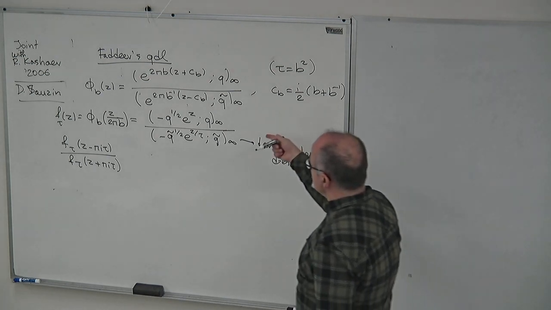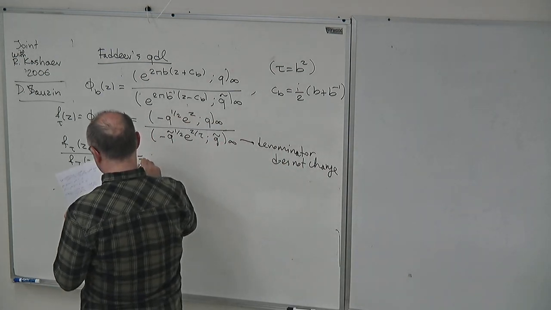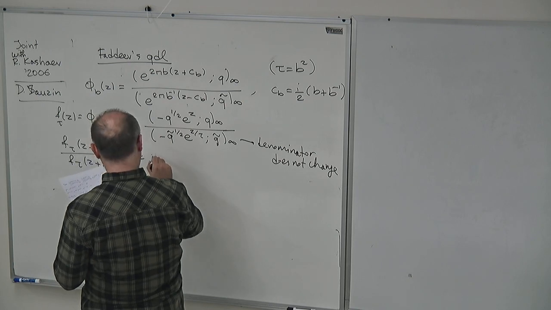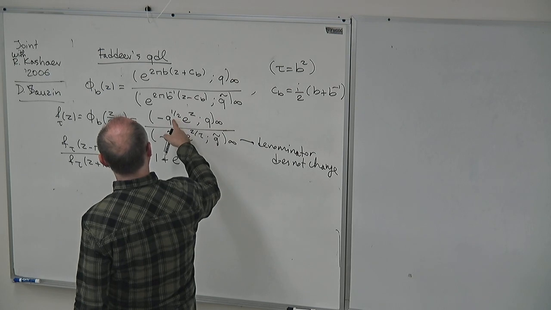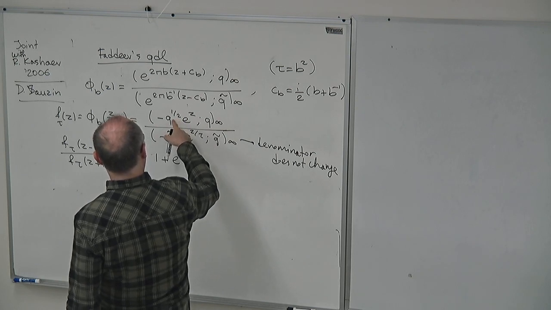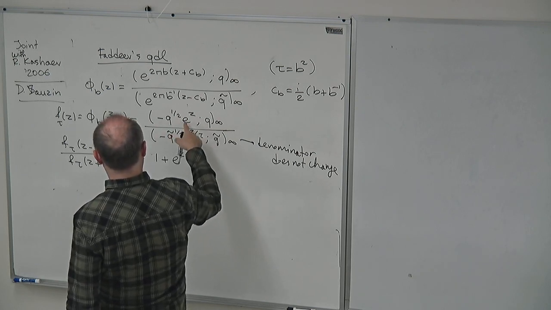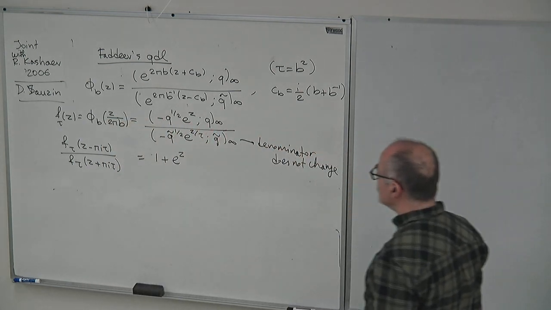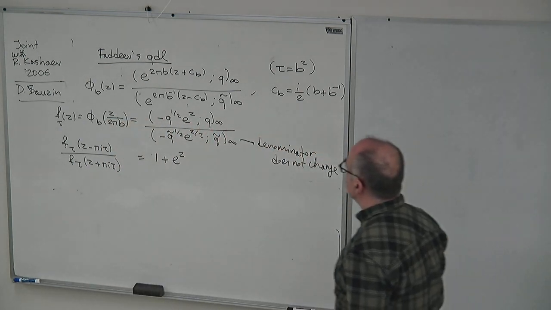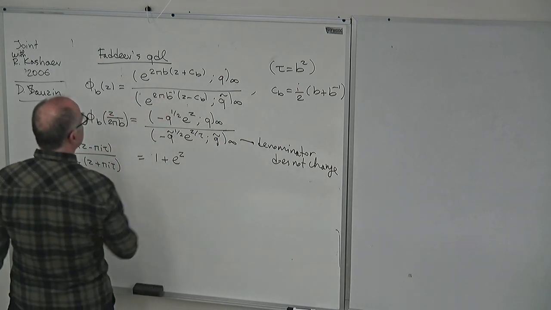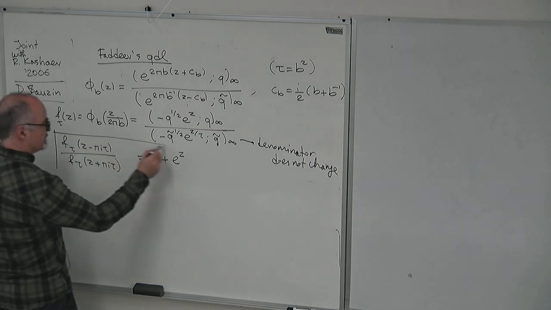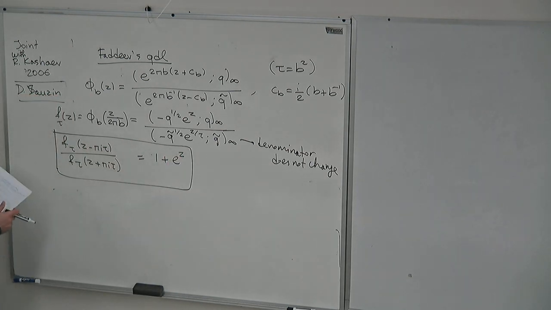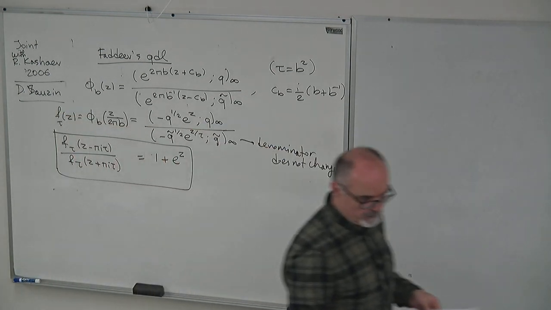But the numerator changes, and in fact what you find out is that it becomes 1 plus e to the z, because the new numerator picks up a higher power here. Okay, so this is one of the versions that you can see of Faddeev's quantum dilogarithm function, that it satisfies the equation that we had. But we will need the integral version of it.